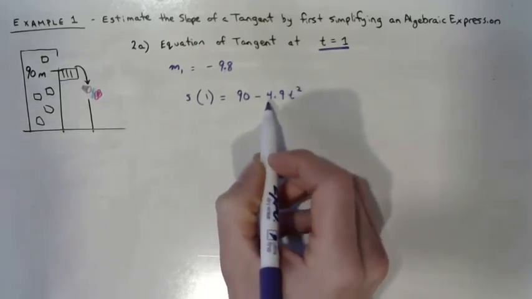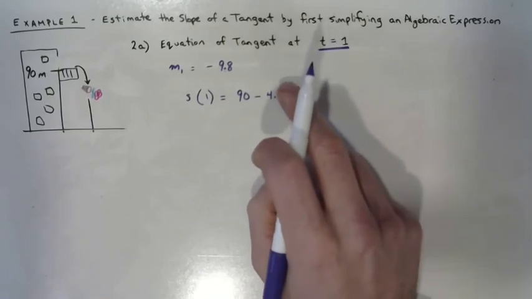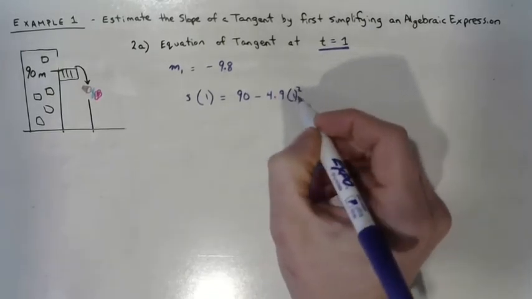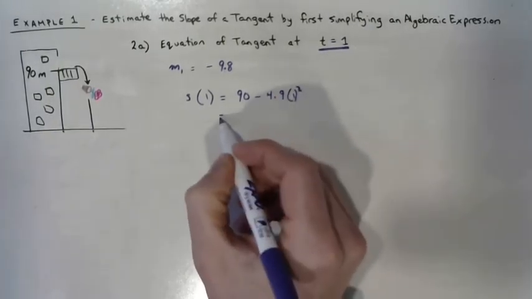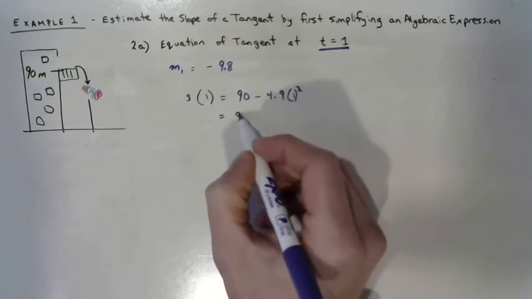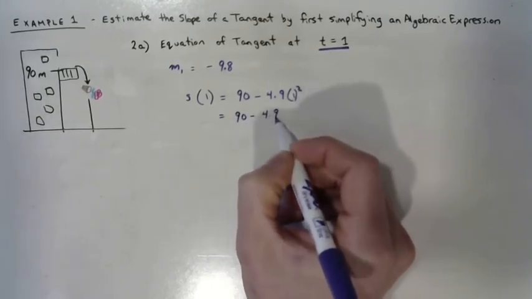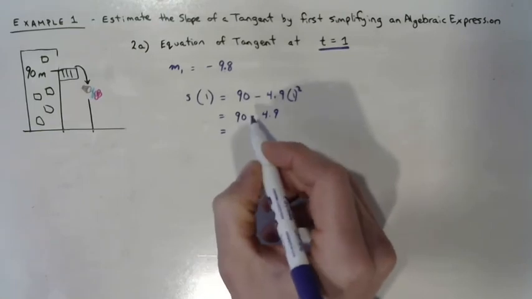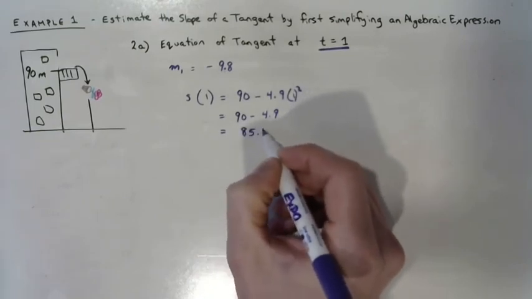We've got 90 minus 4.9 t squared. I'm going to sub in my known value 1 for t. 1 squared is 1, so I'm at 90 minus 4.9, which is 85.1.